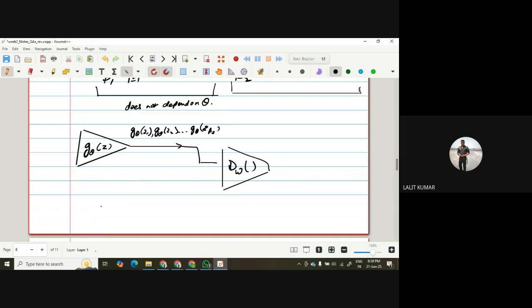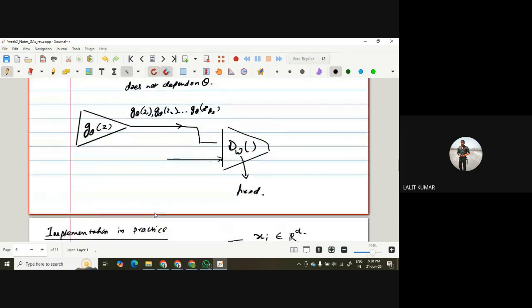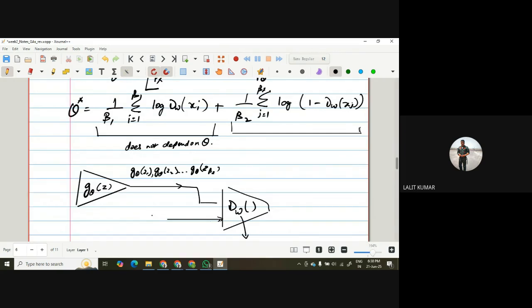These samples don't make any difference to your loss function because this part is only coming here. So what you will calculate here is only 1 by beta 2 summation of log 1 minus D_W of x_j. So this you have passed, it has come. This is your forward prop, the forward pass.